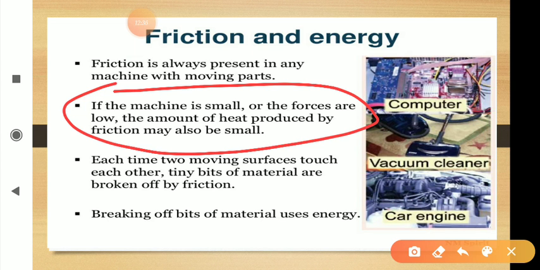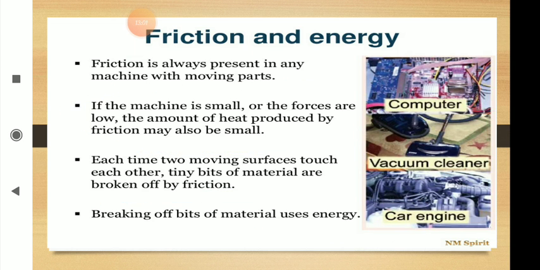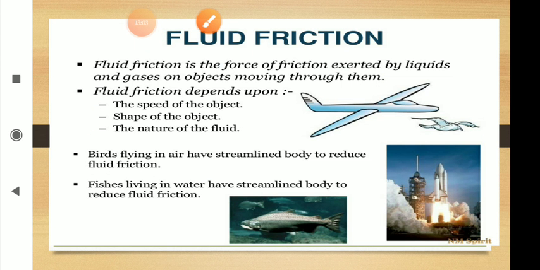Each time two different components are in contact, they produce a small broken material, and that is due to the friction. This breaking of small material is due to the loss of energy, and due to that loss of energy, the efficiency of that body or machine can be reduced.